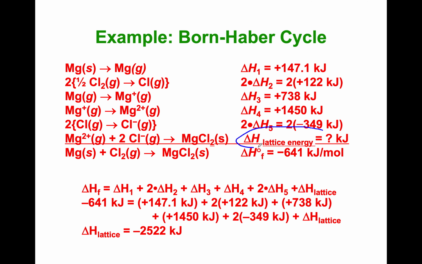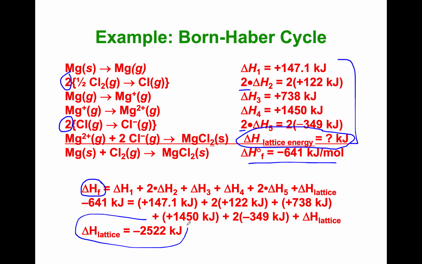We need the enthalpy of the lattice. All of these add up to the enthalpy of formation, so we can put it in now. It doesn't matter that it's so long and complicated. We adjusted this and this, that's all we changed. And the key, remember, is that lattice should be a negative value.